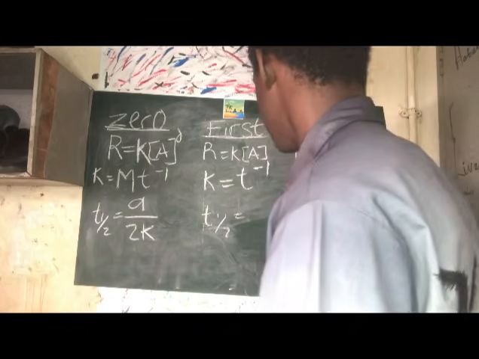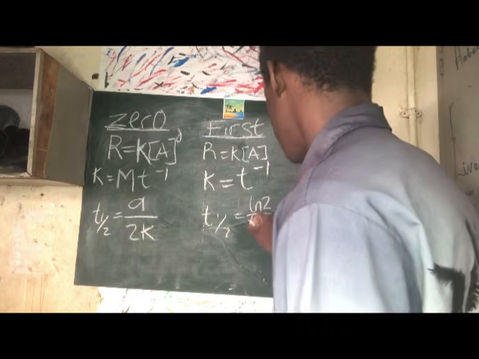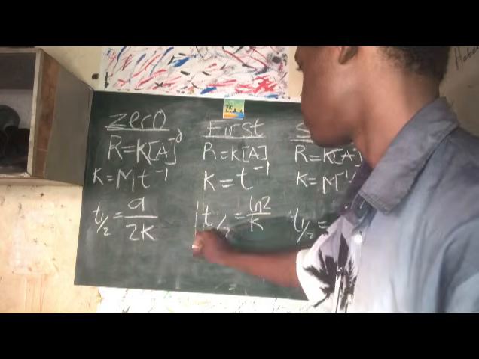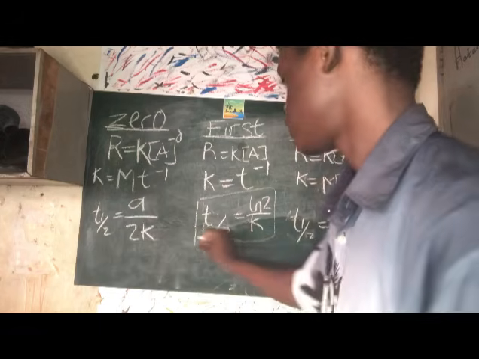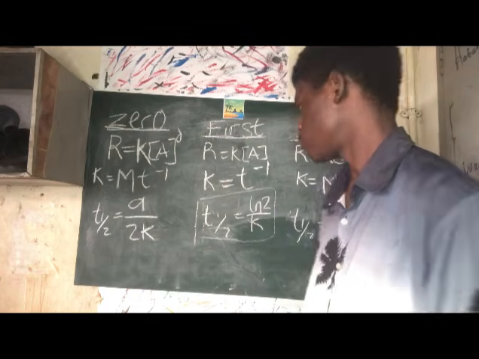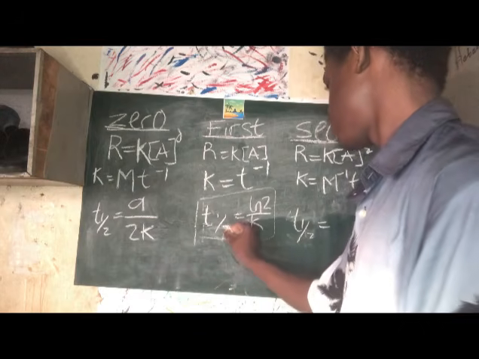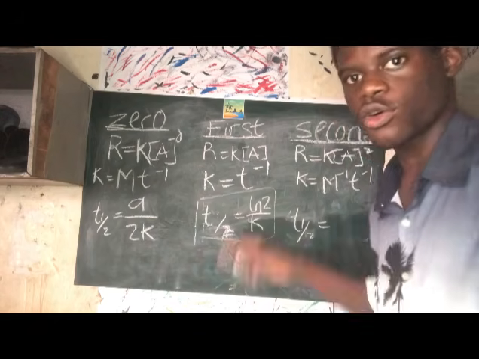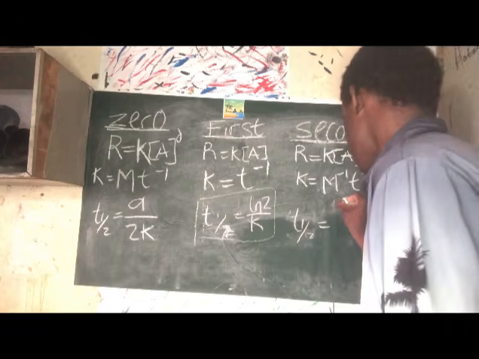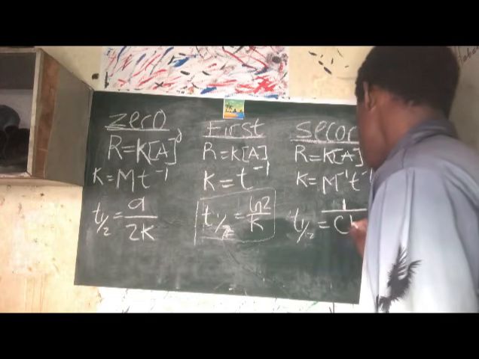While for first order, it is ln 2 over k. You should be familiar with this before in radioactivity. So that's to show that radioactivity is a first order reaction, because the half-life is ln 2 over k. While for the second order, the half-life is 1 over ck.